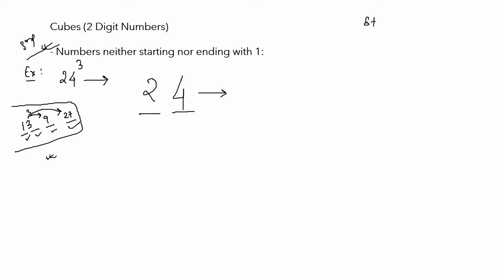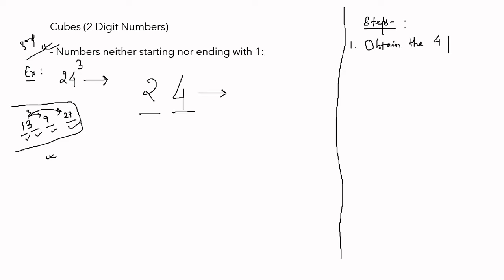I'll just write in the steps as well so that you guys don't lag behind. Sorry, I can't draw a straight line. So the first step would be to obtain the 4 parts in terms of a cube, a square b, a b square, b cube.